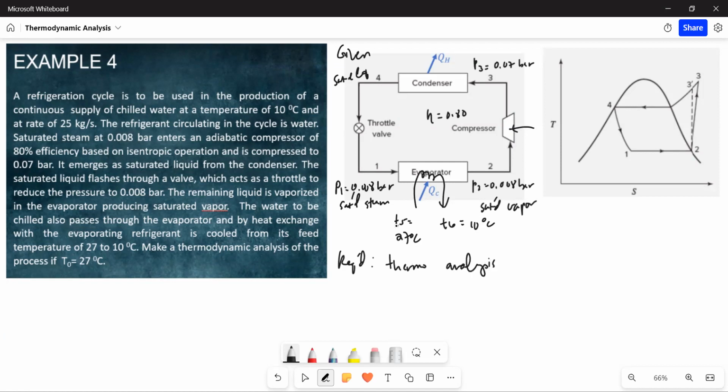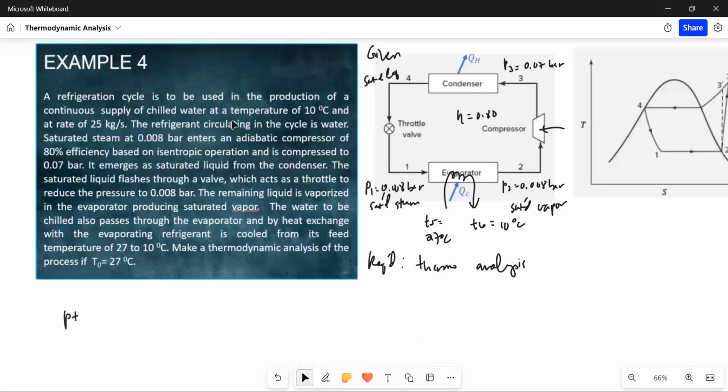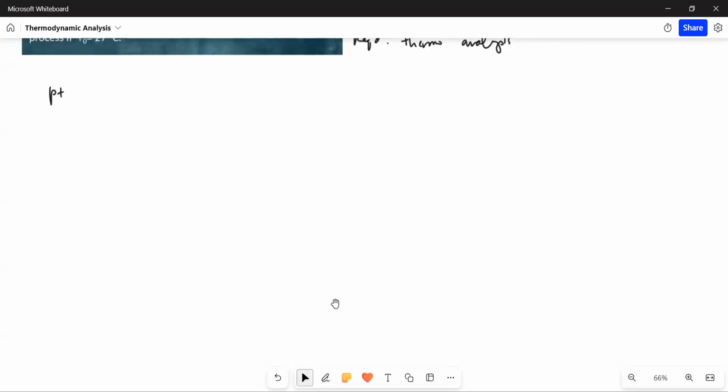Let's begin by making a table of the properties at each point, at points 1, 2, 3, 4, 5, 6.